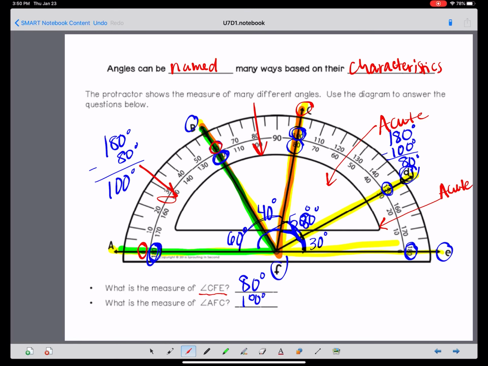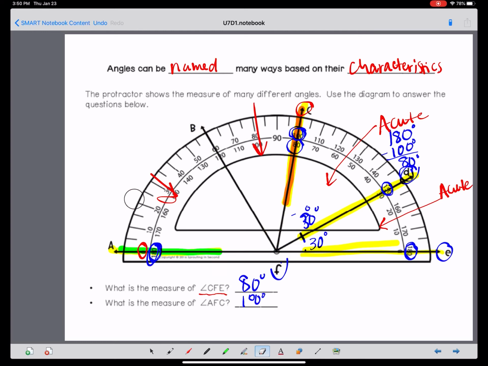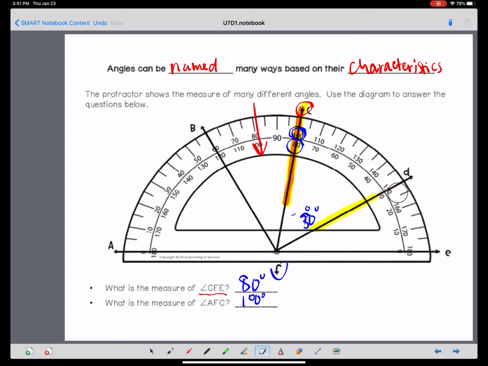So now we need to look for some sort of angle that measures larger than 90 degrees. I'm going to go ahead and erase this so it's not too busy for you. Once again, there are 3 different answers that you could have here if you're looking for an obtuse angle. I'm going to show one of them for you.